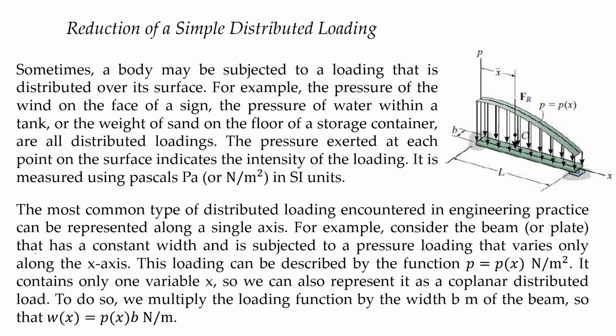It contains only one variable, x, so we can represent it as a coplanar distributed load. To do so, we multiply the loading function by the width b, which has a unit of meter, so that w of x is equal to p of x times b, right? So this is our b, and this becomes now w of x.